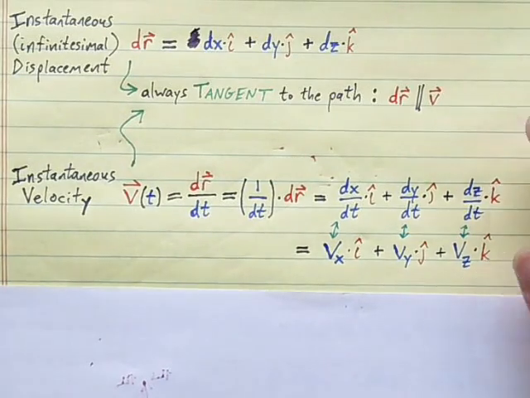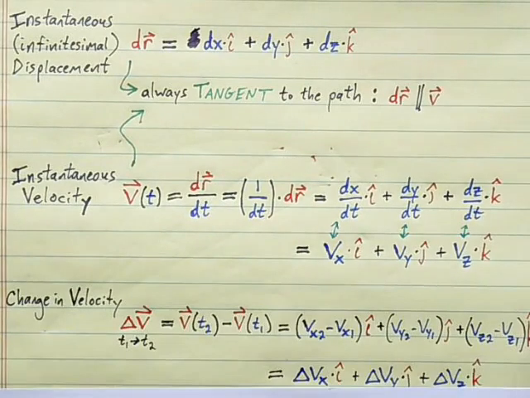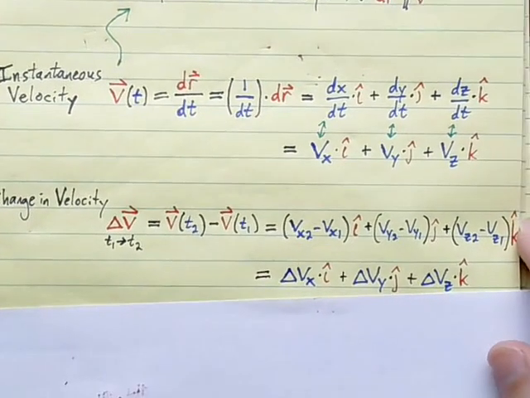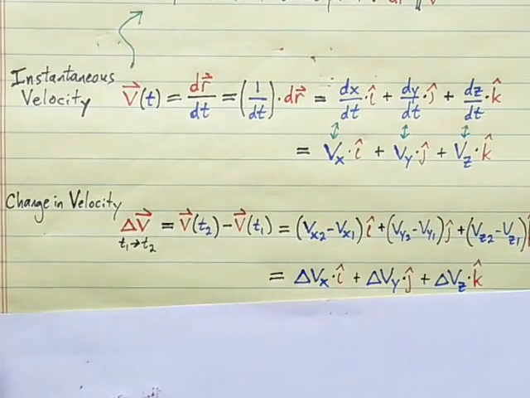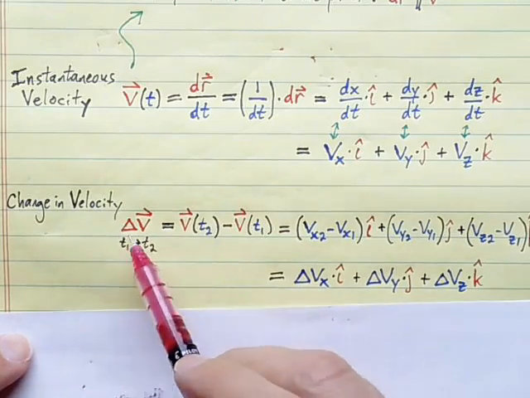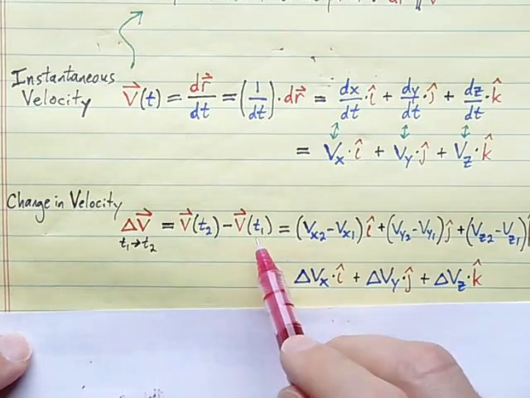Okay, I think we can now make some analogies between the ideas we've developed and acceleration to conclude. Just like we defined change in position as a displacement vector, we can also define change in velocity, delta v: velocity at time 2 minus velocity at time 1.